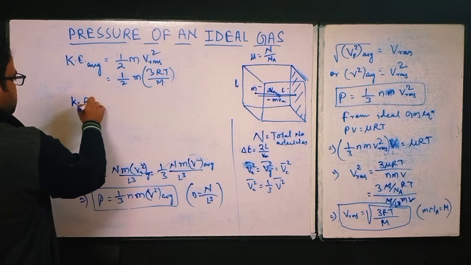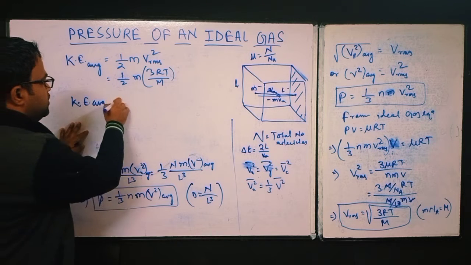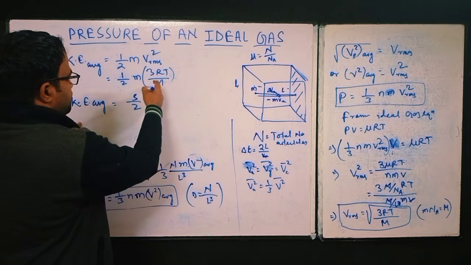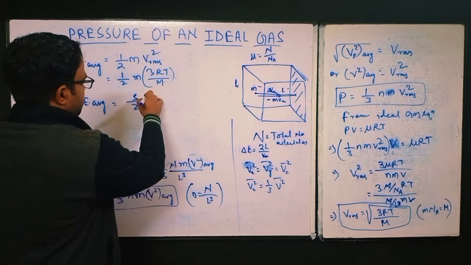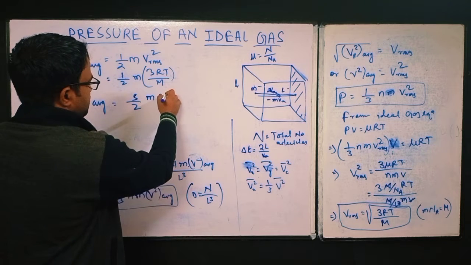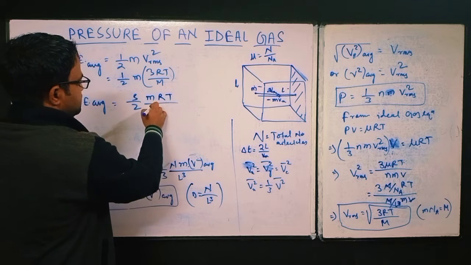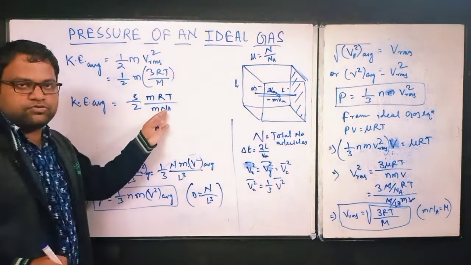So average kinetic energy equals 3 upon 2, m RT, and capital M is m into Na, mass of one molecule into Avogadro's number.